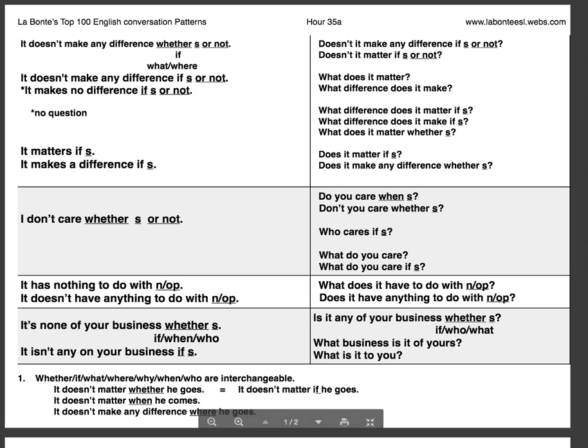But I get students used to the subtle similarities between it doesn't make any difference if he goes, I don't care if you go, this is much harsher. What does that have to do with you? It's none of your business, this is very harsh.